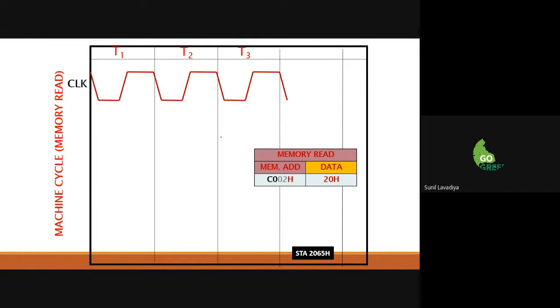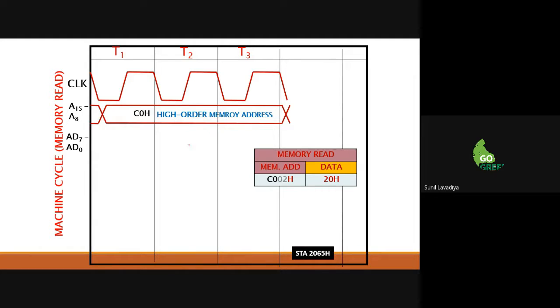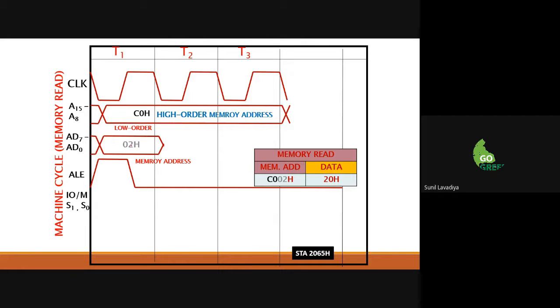T1, T2, T3, clock cycle, address line, AD0 to AD7, ALE signal, lower order. As this is the third operation, we started with 00, then 01, and 02 over there.